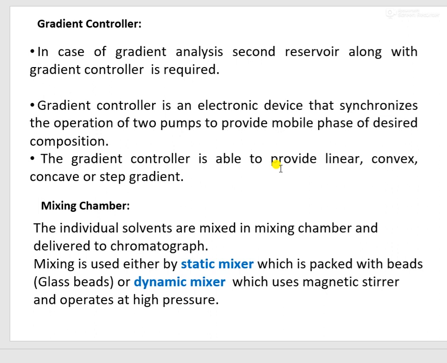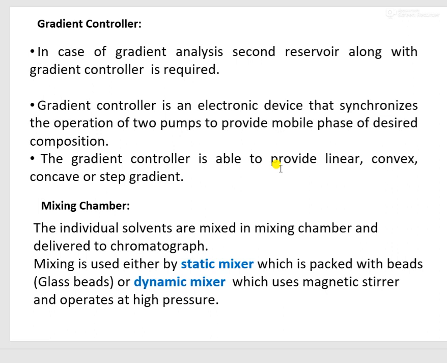So in case of gradient analysis, a second reservoir along with a gradient controller is required. Suppose you want to perform gradient analysis; in that case, your system should have a gradient controller. If your system has no gradient controller, you cannot go for gradient elution. You have to go for isocratic elution only.